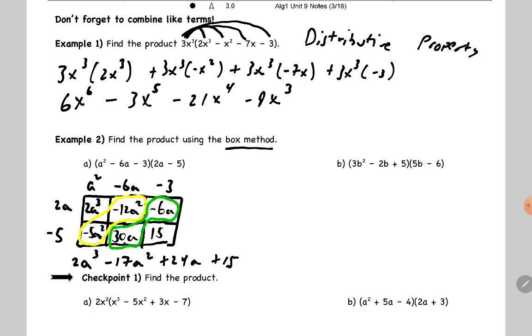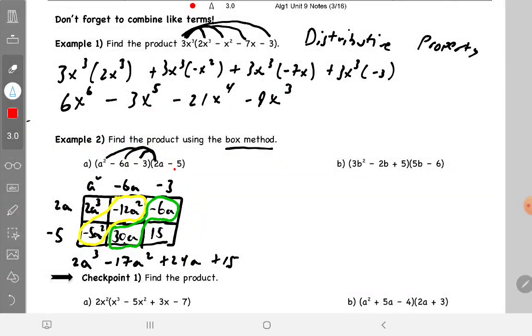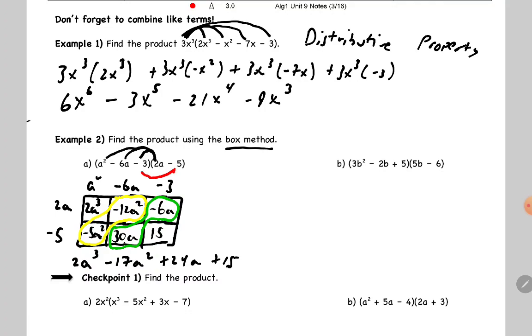So basically what's happening is that I'm taking this value here, this 2a, and multiplying it to all of them. And then I'm taking the negative 5 and doing the same thing.